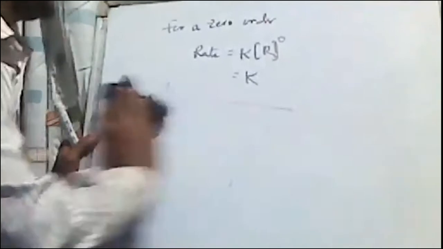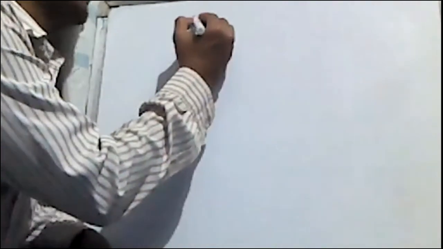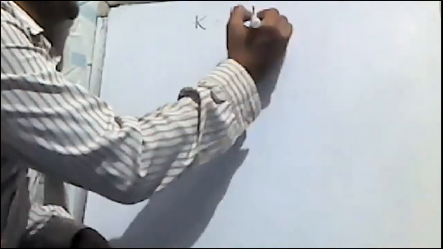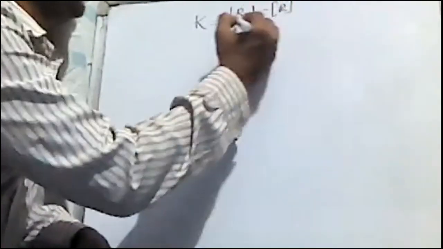This is one plot. Now look at the second plot. We have seen K is equal to R0 minus R by t.